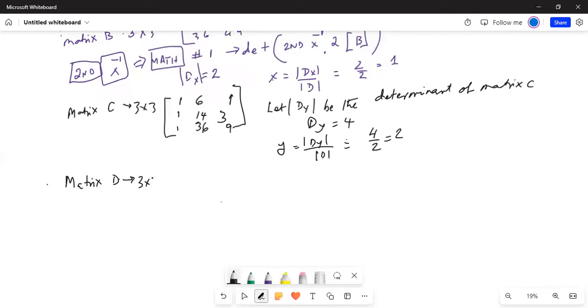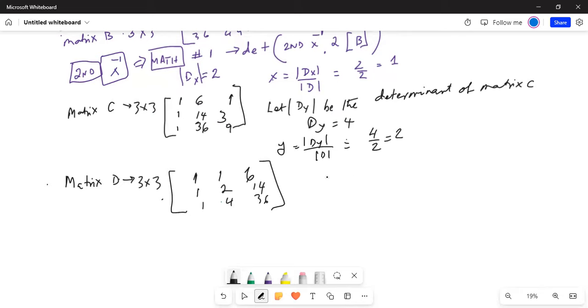So it's a 3 by 3, which is 1, then 1, then 6, then 1, then 2, and 14, and 1, 4, and 36. Where in the coefficient matrix, we have just replaced the last column by the constants.